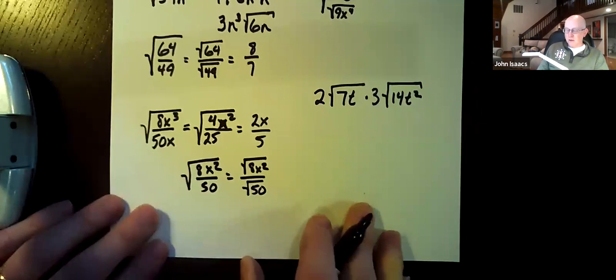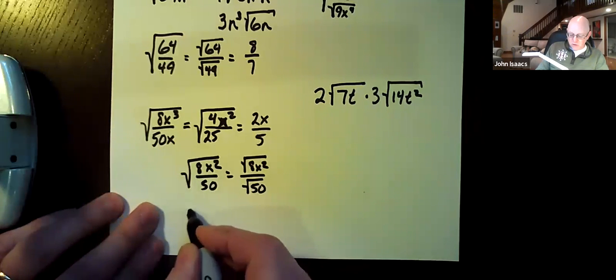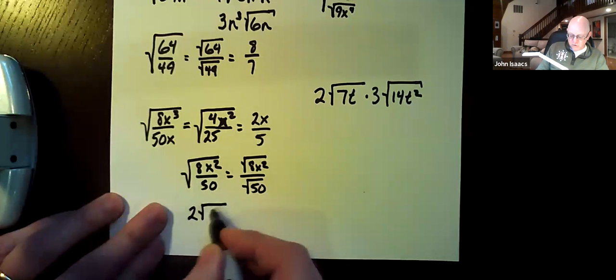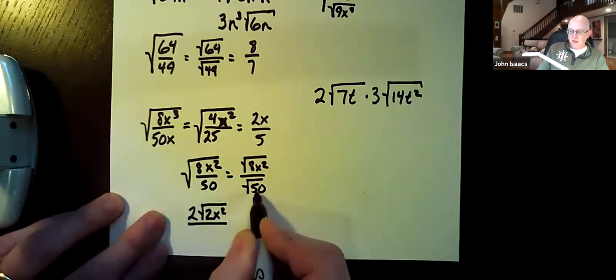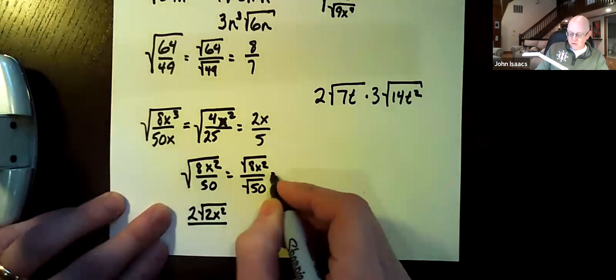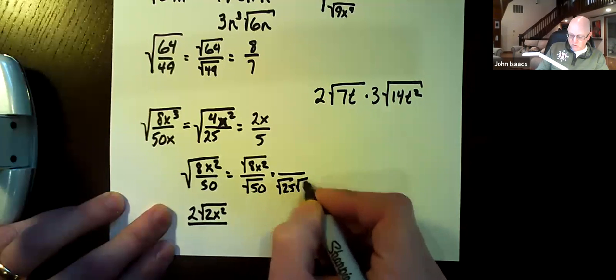And 8 has a 4 and a 2 in it, so that would be a 2 on the outside and a 2 on the inside with the x squared. And the 50 has a 25 and a 2 in it, meaning this is like the square root of 25 times the square root of 2.